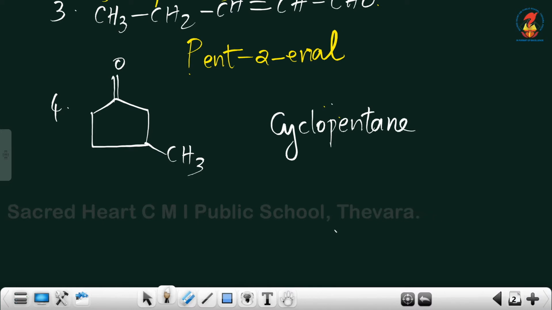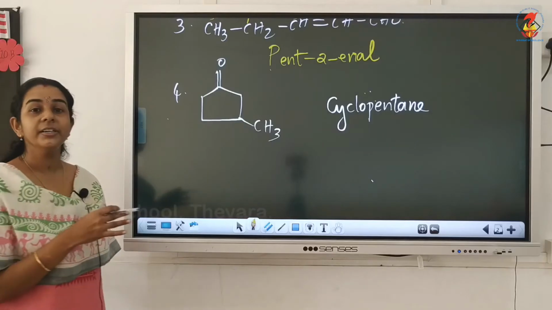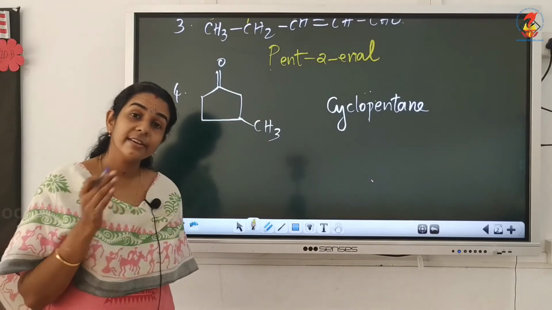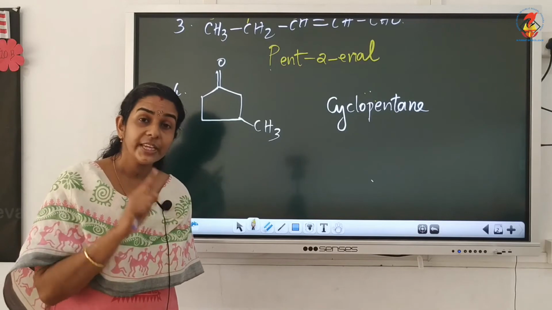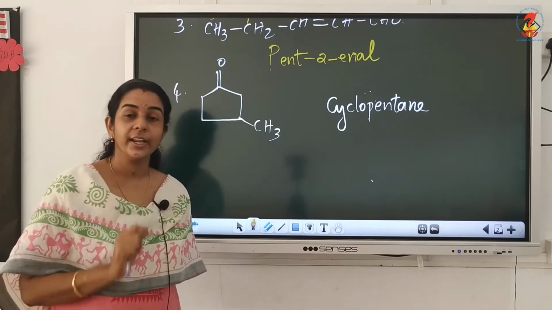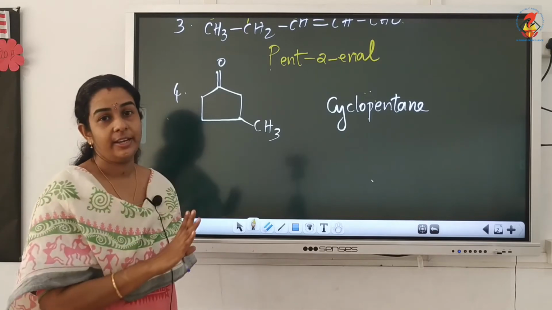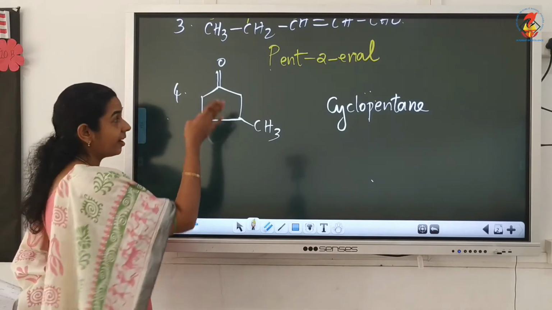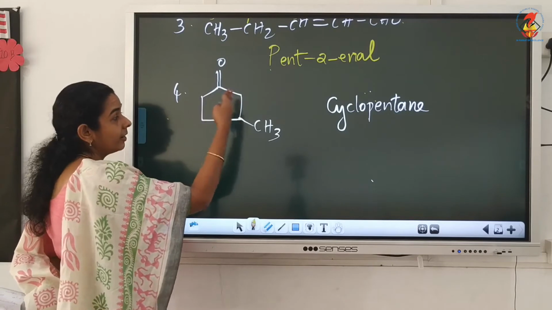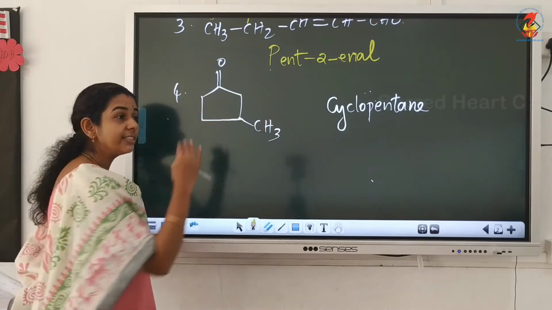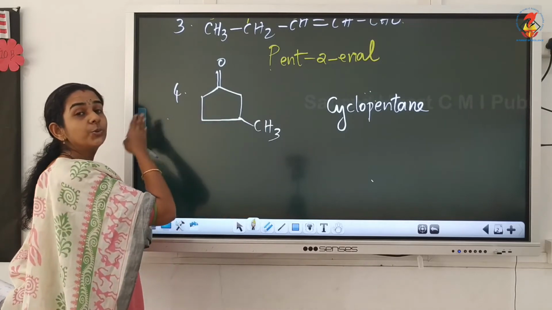Now apply the rule. When we get a compound containing a ring, either we can do numbering on the ring or we can do the numbering in the chain. There is no numbering starting from the ring and proceeding towards the chain, and we cannot do numbering starting from the chain and going towards the ring.